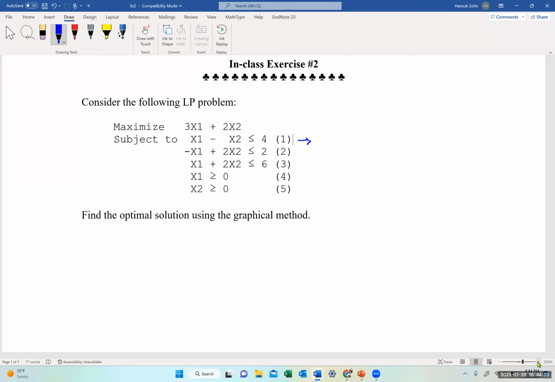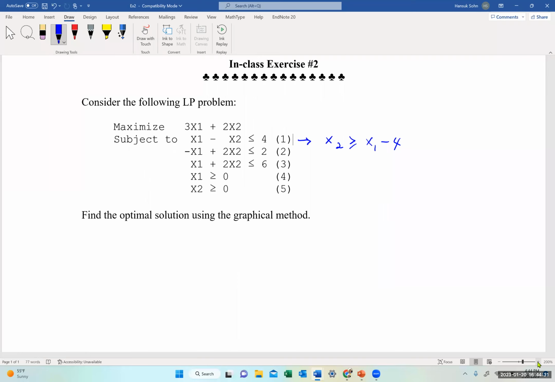If I move x2 to the right-hand side, then it's going to be x2 greater than or equal to x1 minus 4. Or you can multiply by -1 on both sides and then move the x1 term to the right-hand side. So you're going to have this, right?